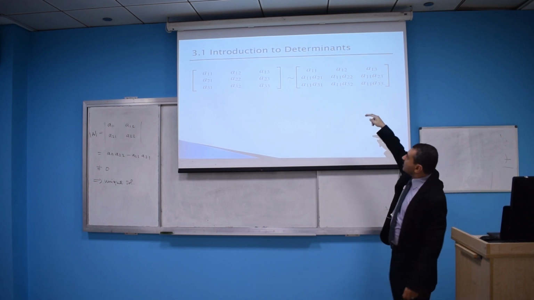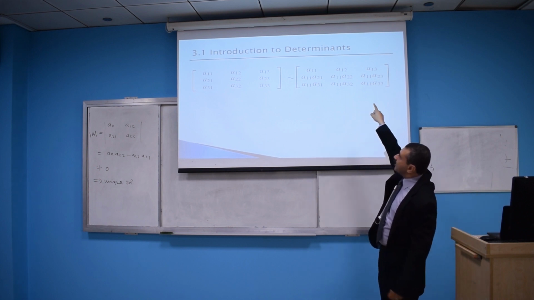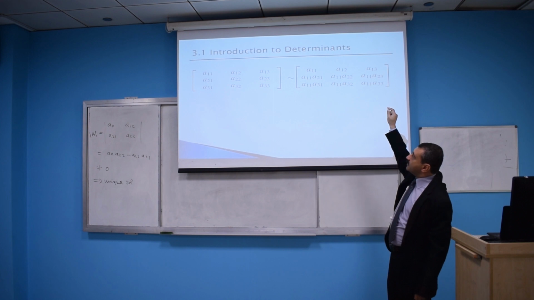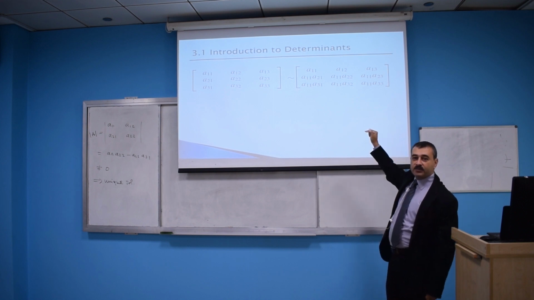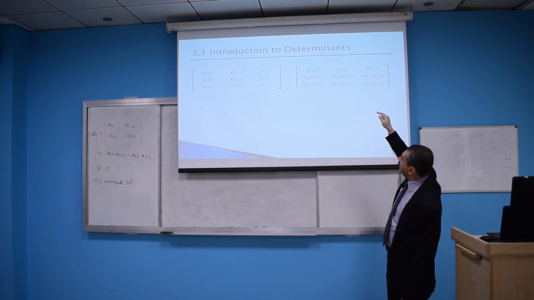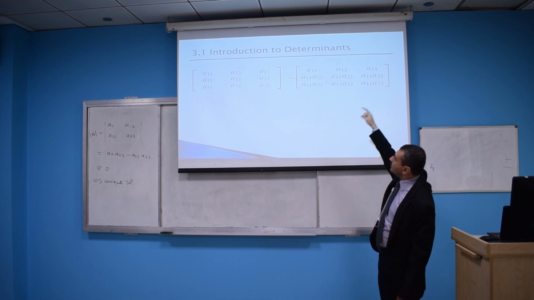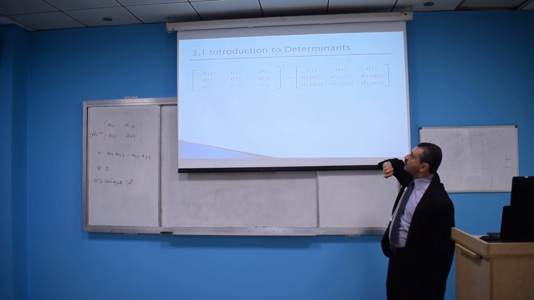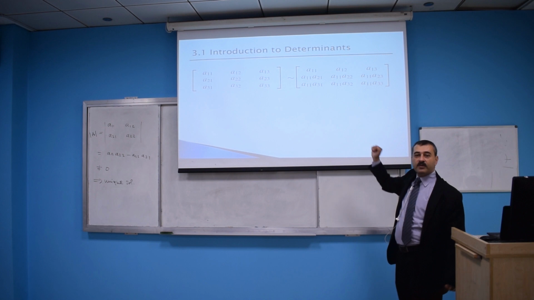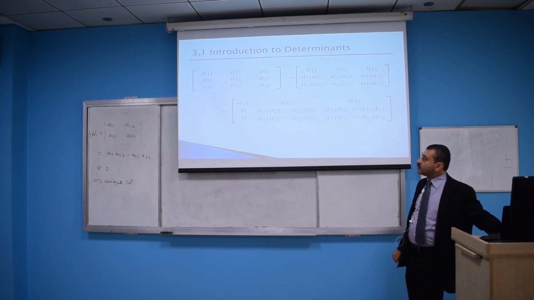Then multiply the first row by negative A21 and add to the second row to do the elimination. And for the third row, I multiply the first row, the pivot row, by negative A31 and add to the third row. So we get something like this.